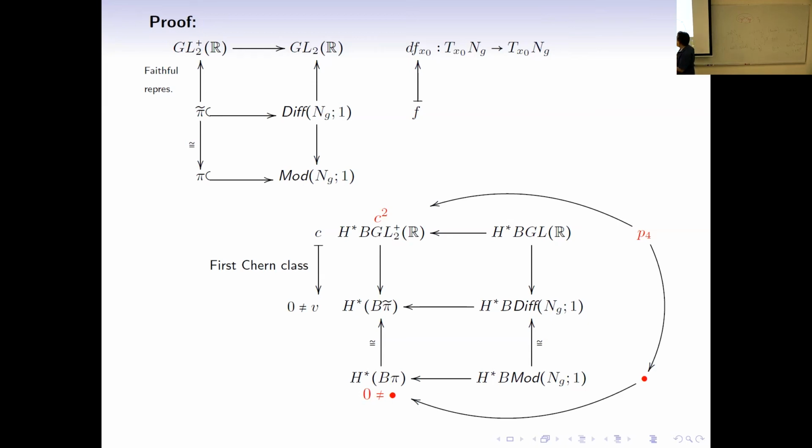So now, being a faithful representation of Z mod P, you get a first Chern class, which is non-zero, right? And you know that when you pass to classifying spaces, the cohomology of the classifying space of GL2 has a Pontryagin class, dimension 4, that hits the square of the Chern class of BGL2 plus, right?